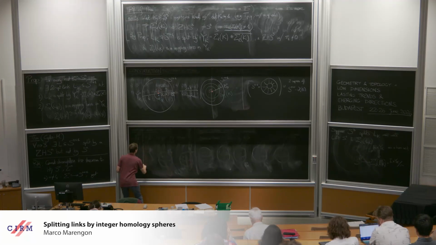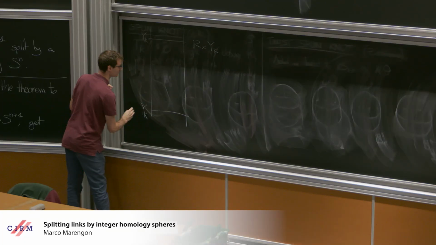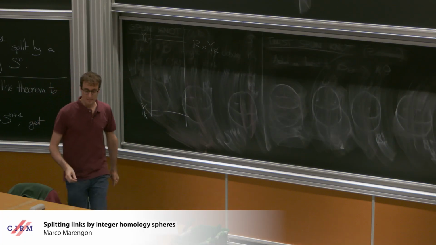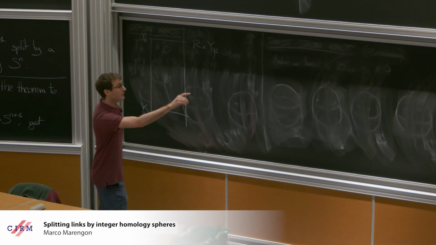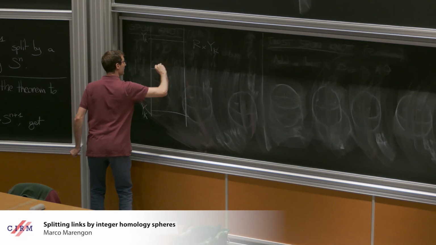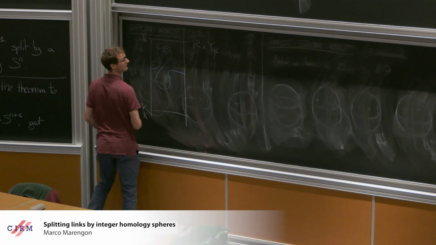So the picture that you should have in mind is the following. This is R cross Y. So here are the Yks, one down here and one down here, further down. And then this S3 is somewhere in here.